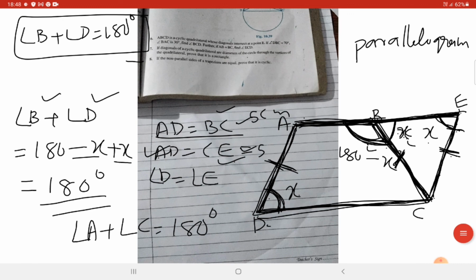So angle D is also X. Now ABE is a straight line and angle ABC and angle EBC form a linear pair. So if angle EBC is X degree, then angle ABC is equal to 180 minus X.